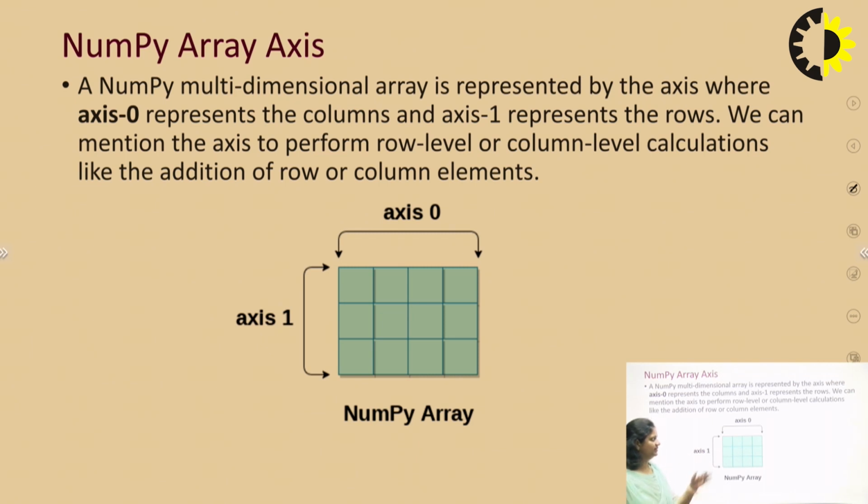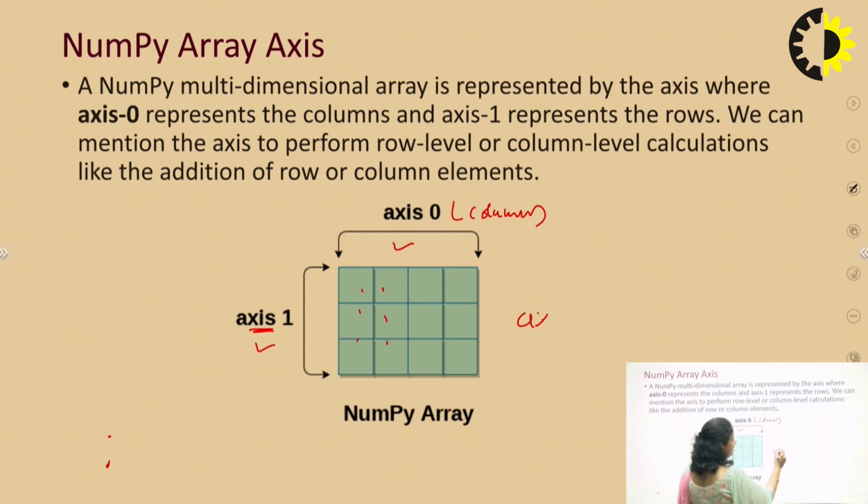In NumPy array access, we denote axis 0 and axis 1 like this. A NumPy multi-dimensional array is represented by axes, where axis 0 represents the column and axis 1 represents the row.